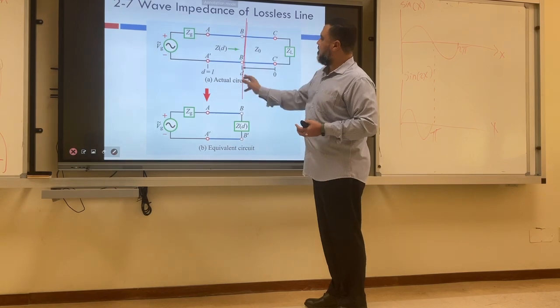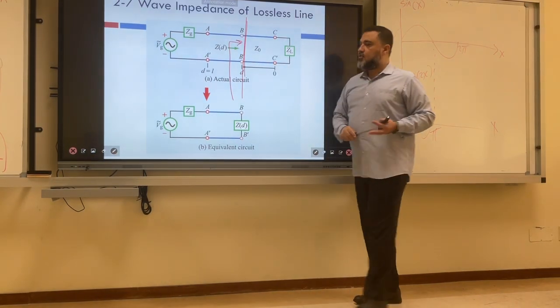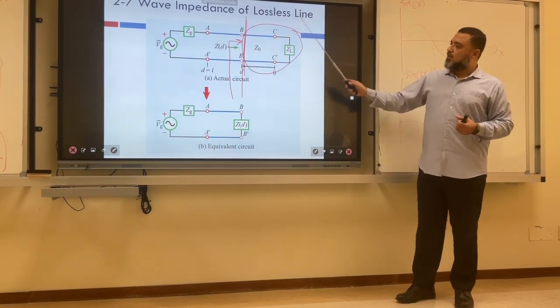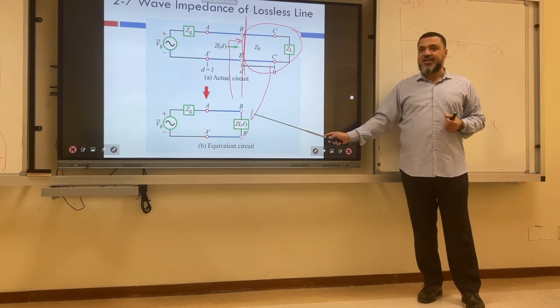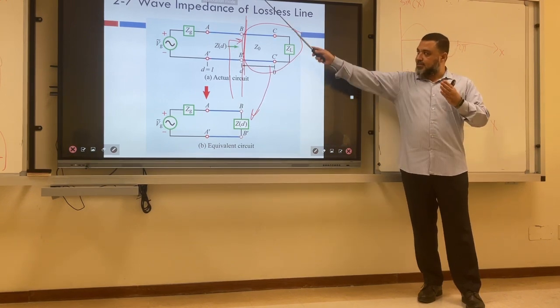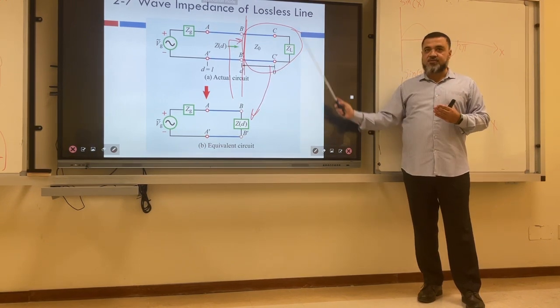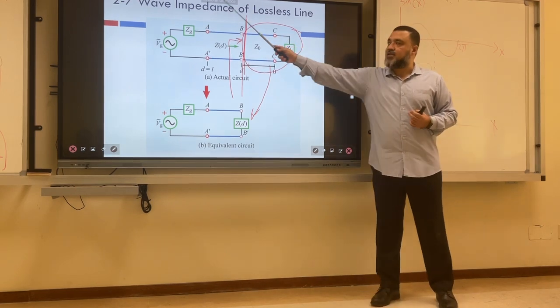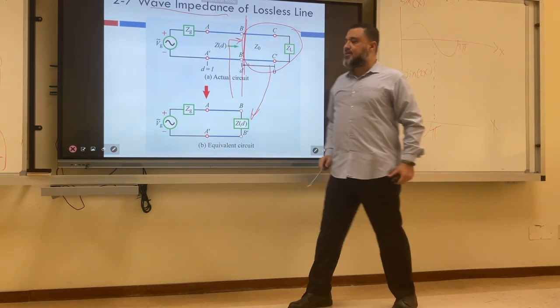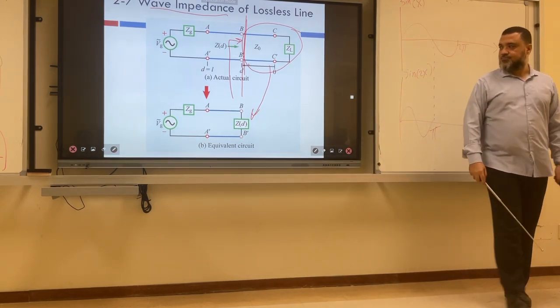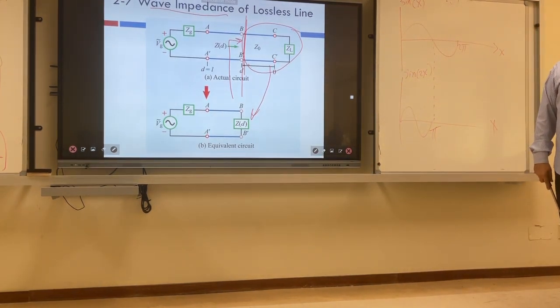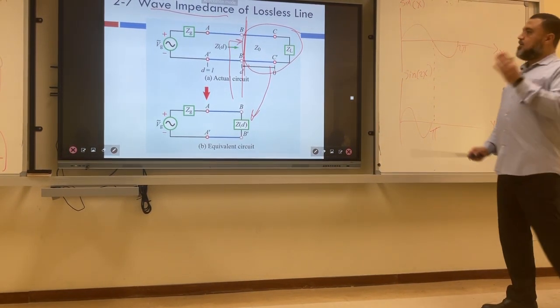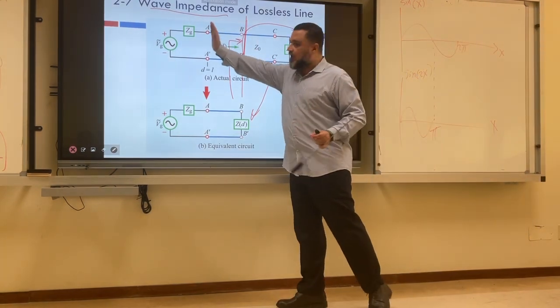If I cut here and look at this side, I will replace the whole thing by one impedance called ZD. ZD is the impedance replacing all this part at any distance D. ZD is the wave impedance. So I need to find the impedance at any point along this line.